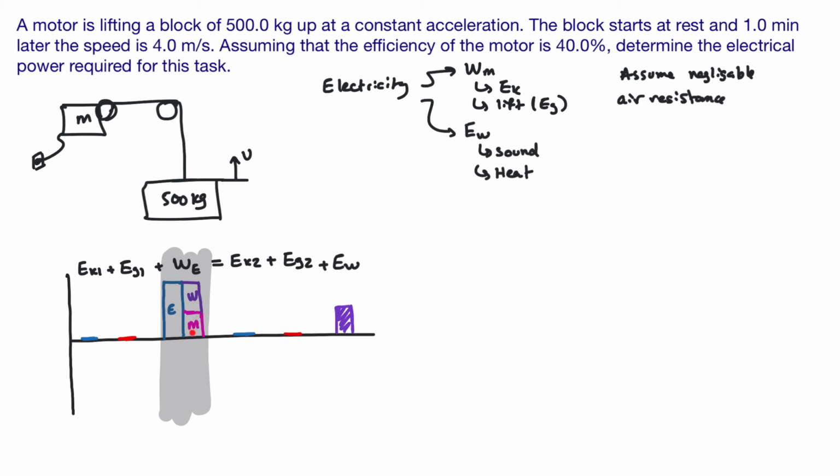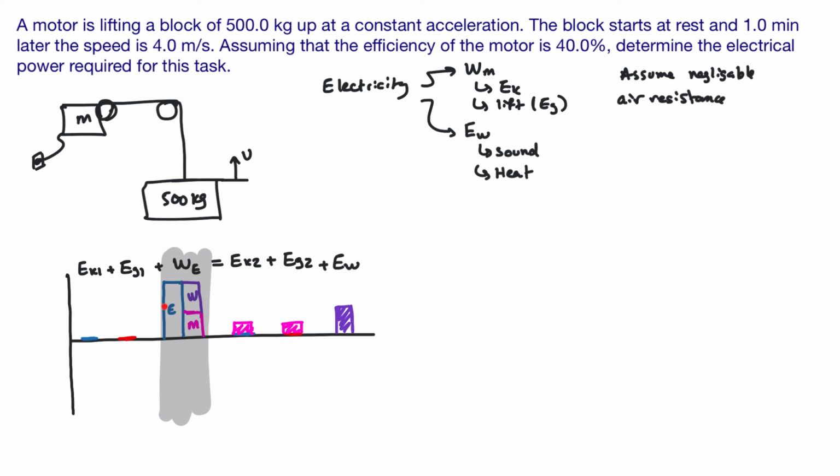The rest of it, which is the motor, all the useful energy, is going to change the kinetic energy and the gravitational. So with the pink, all of that pink, some of it is going to go here and some of it is going to go here. I don't know exactly how much at the moment, so I'm just going to draw it like this.